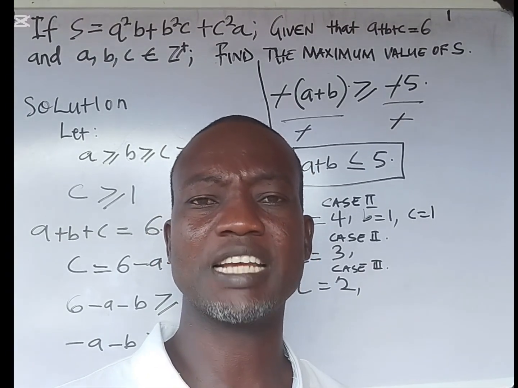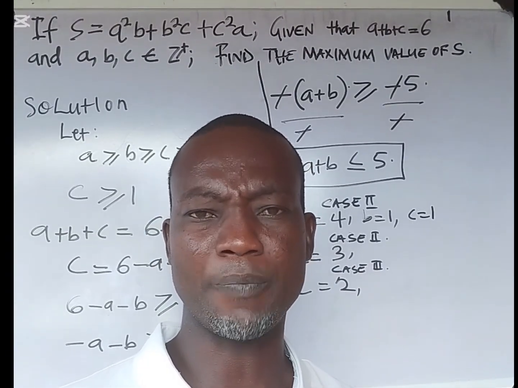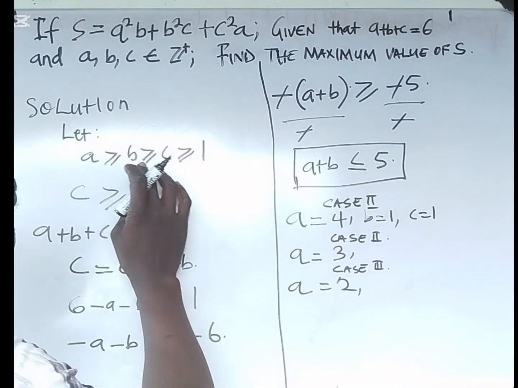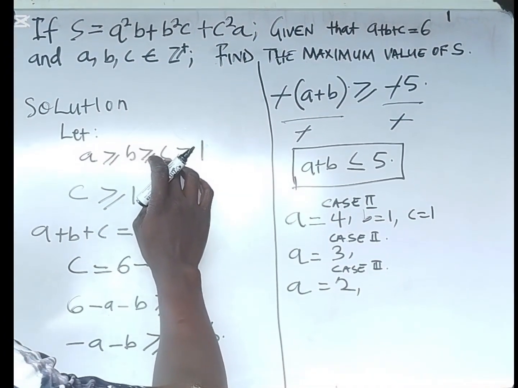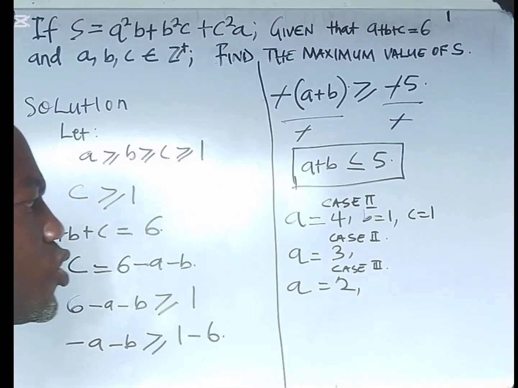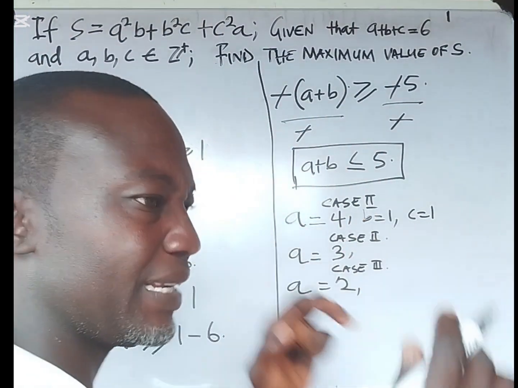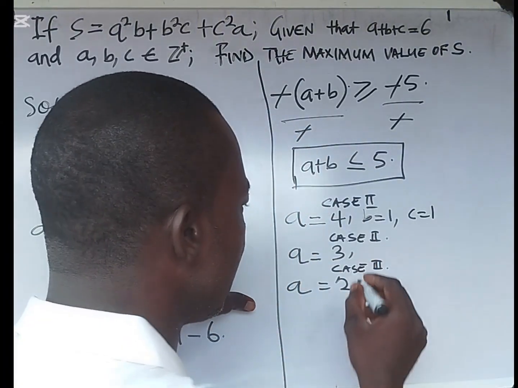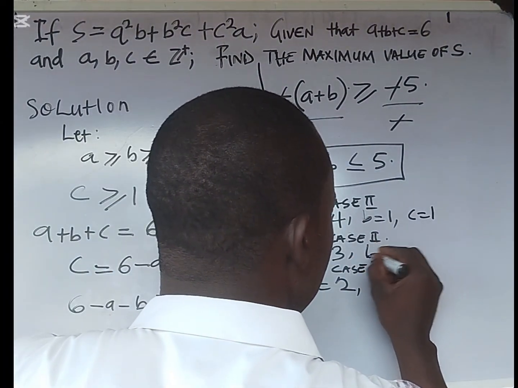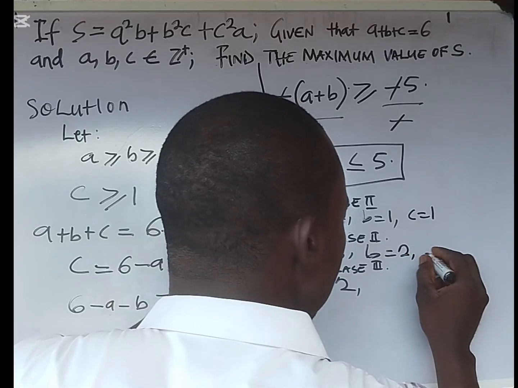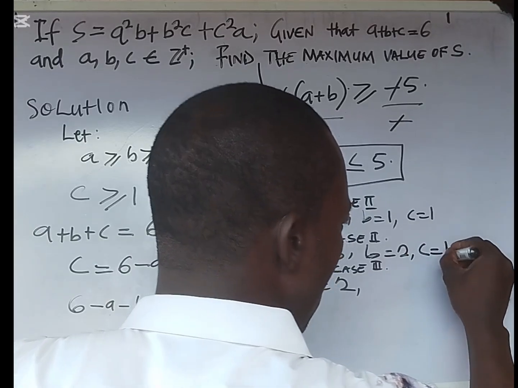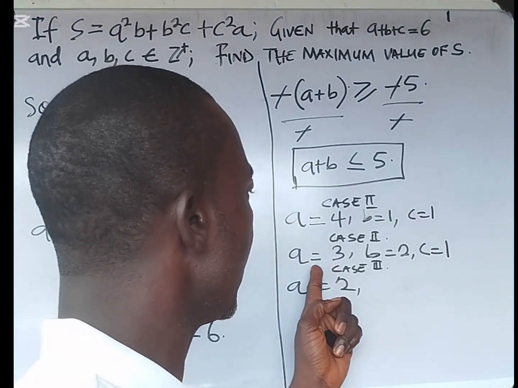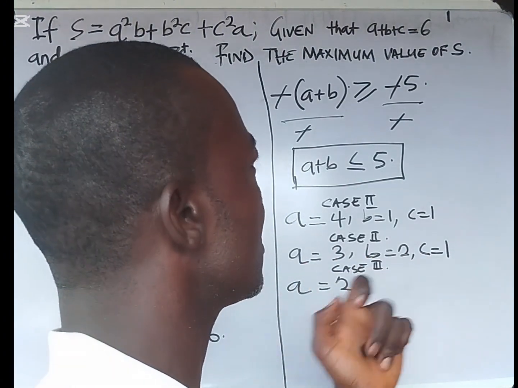If C and B are positive integers, but mind you, from our assumption, B is always greater than or equal to C. So from that we can say that the 3 remaining to be shared between B and C must be that B is equal to 2 so that C will take up 1. This is going to be the values of A, B, and C in case 2.